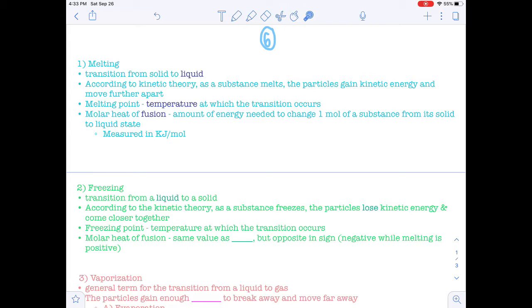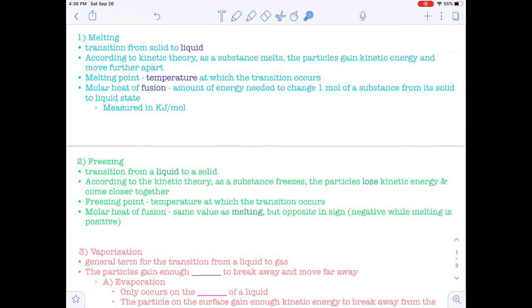We have freezing point, which is the temperature at which the transition occurs. The melting point is the same as the freezing point, so the transition occurs at the same point, except for melting, you're going from solid to liquid, and then freezing, you're going from liquid to solid, but it's the same temperature.